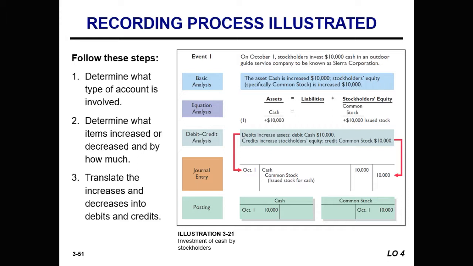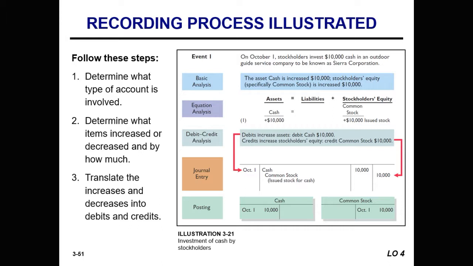They did this as an investment, and it is the stockholders. So we know that some element of stockholders' equity, in this case common stock, is going to increase by the same amount. Because we haven't been given any other information to indicate that it's another type of stock, or that any of this needs to be split in some other fashion.